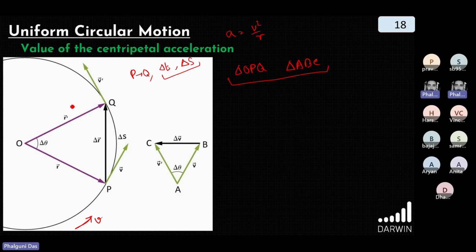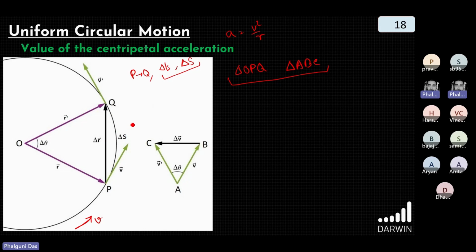Okay, so similar in that sense, both triangle POQ and triangle ABC are isosceles triangles. That is, both have two arms equal. For OPQ, the two position vectors are the same because both are radius. For triangle ABC, we have two arms that are the same, formed by v and v prime.